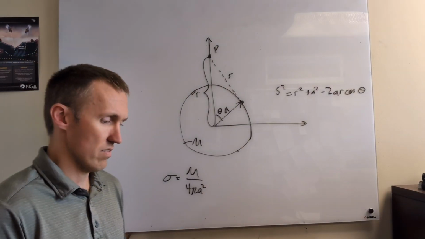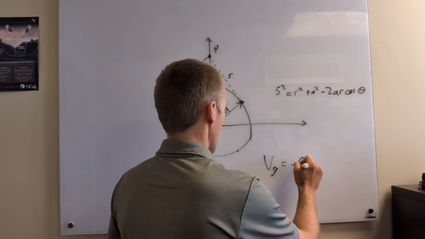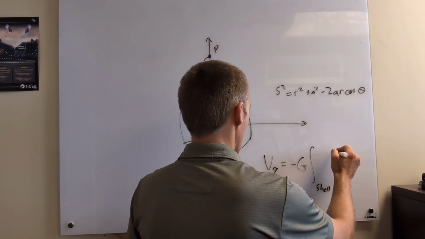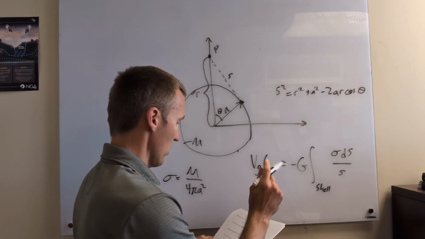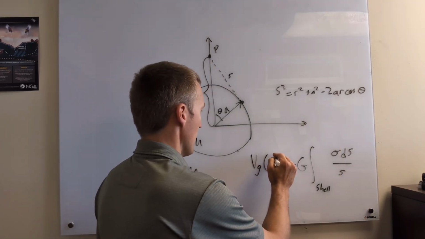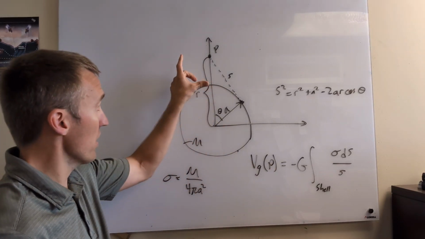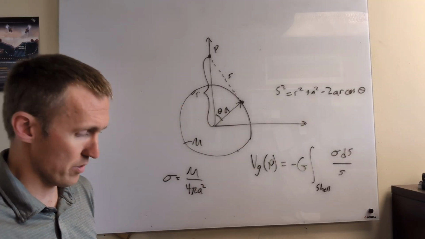The potential of the shell is going to be negative G times the integral over the shell of sigma dS over s. That's Vg at the point P, so this is now not the distance, but just the location P, which I guess actually is a distance r from the origin.